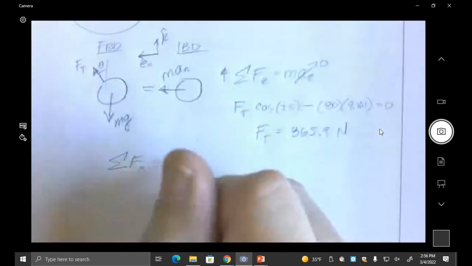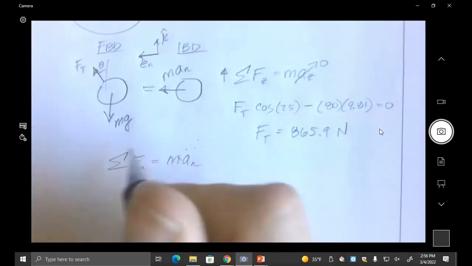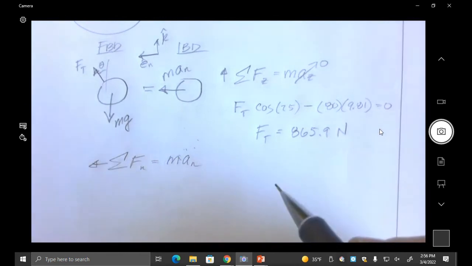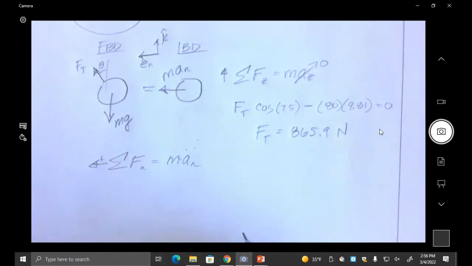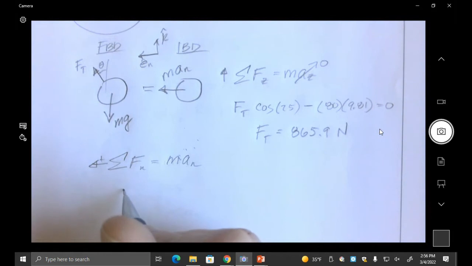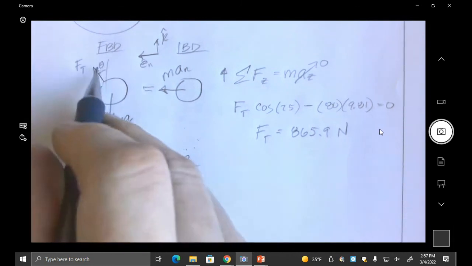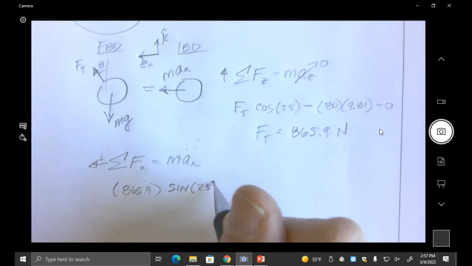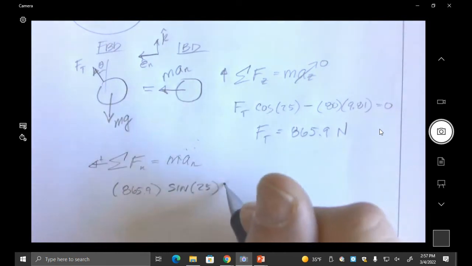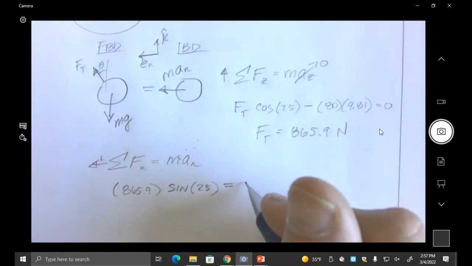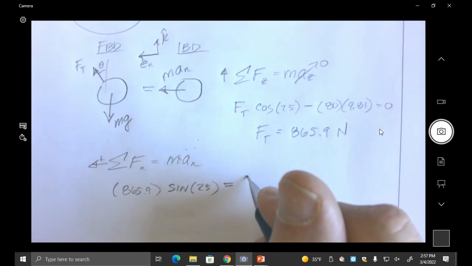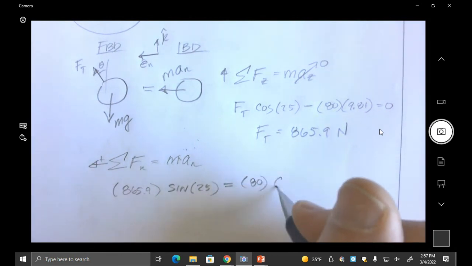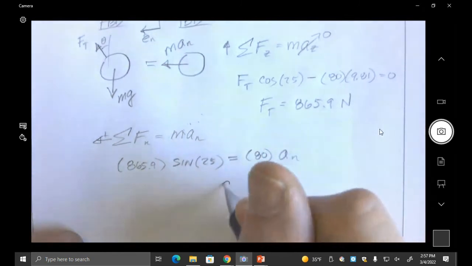And then, knowing that, we take the sum of the forces in the normal direction, mass times acceleration in the normal direction. Positive is over that way. We're going to get that tension, 865.9, but now it's going to be the sine, because we want the opposite from the 25. It's going to be equal to 80 times the normal acceleration.